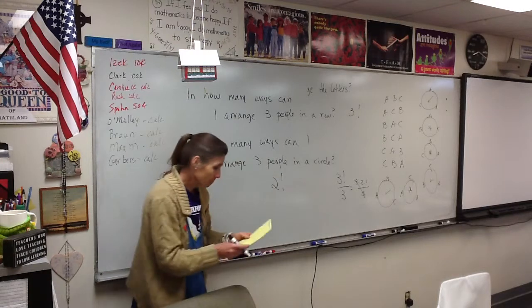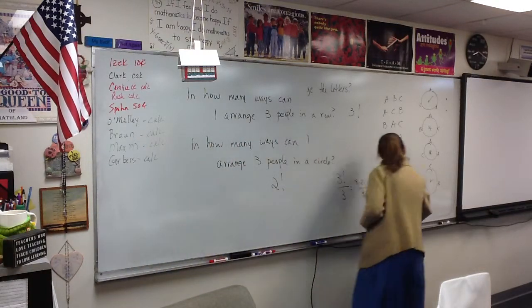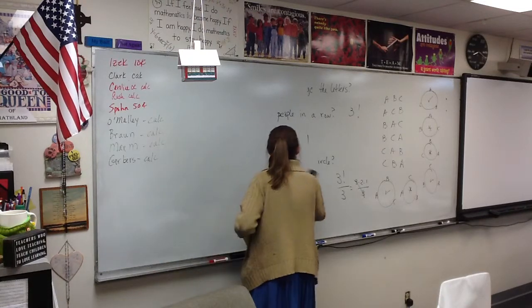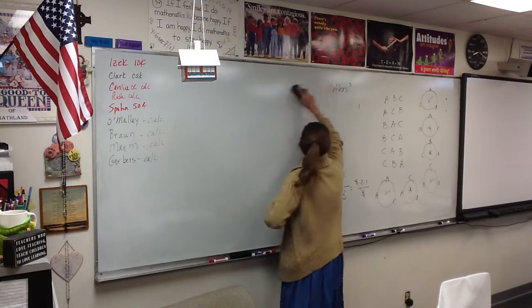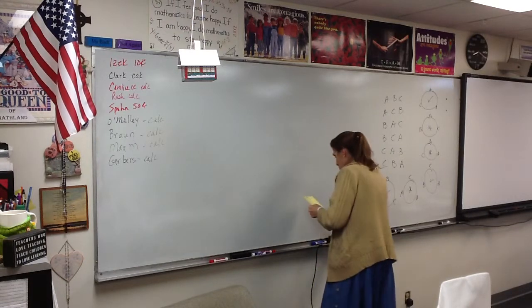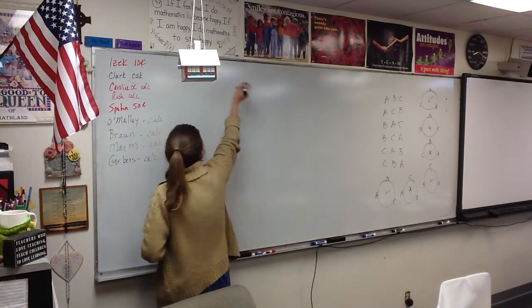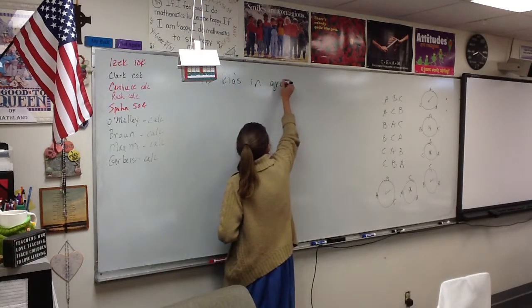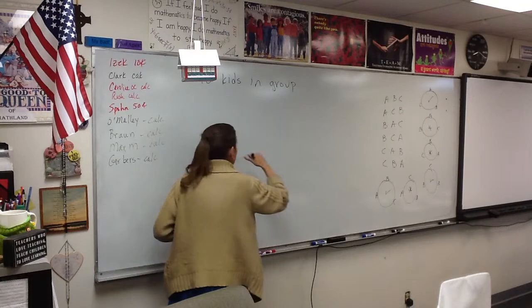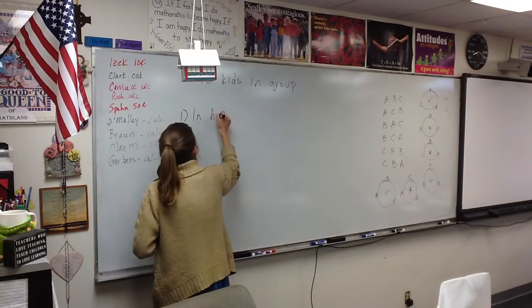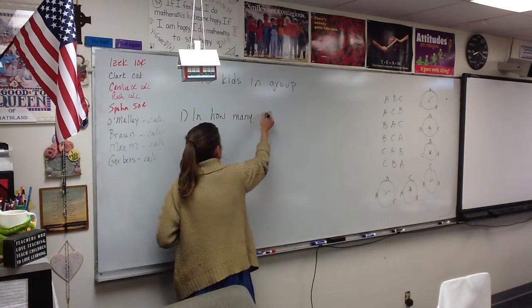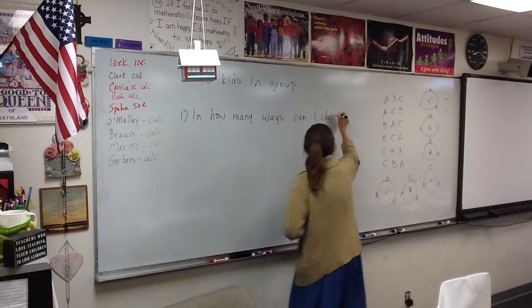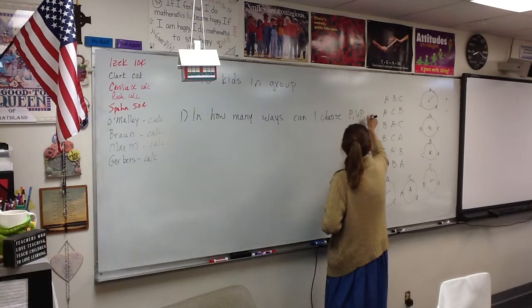Big ideas. I'm going to put 2 questions up here on the board. I want you to tell me if they're the same question or if they're different. And if you think they're different, you need to tell me why. In both cases, I have 10 kids in my group. In how many ways can I choose a president, vice president, secretary?